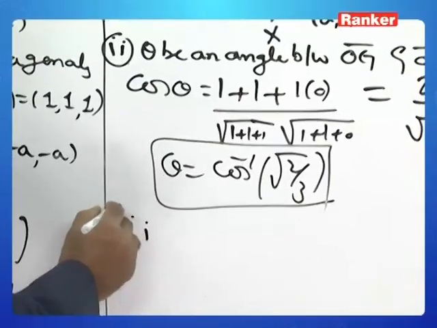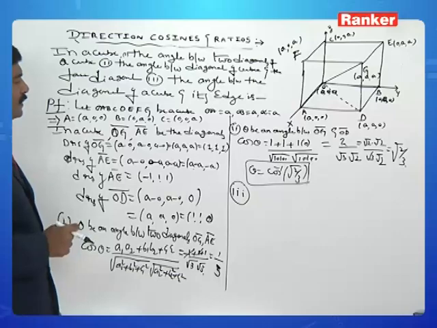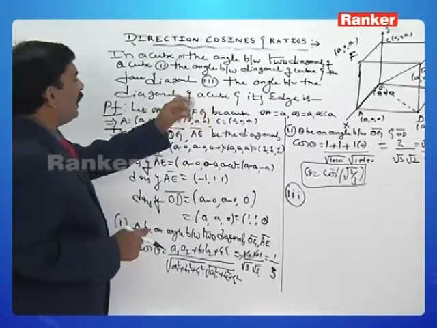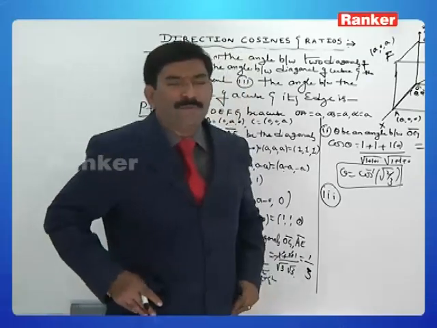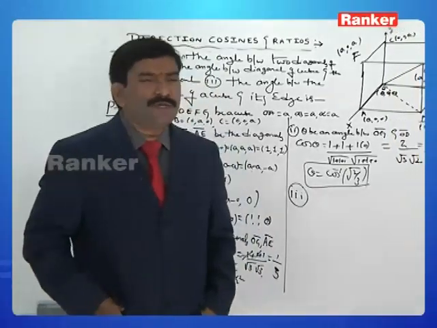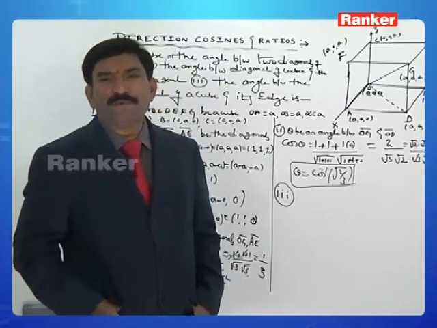The third one is the angle between the diagonal of a cube and the edge of it. Edge of it means edge of a cube.